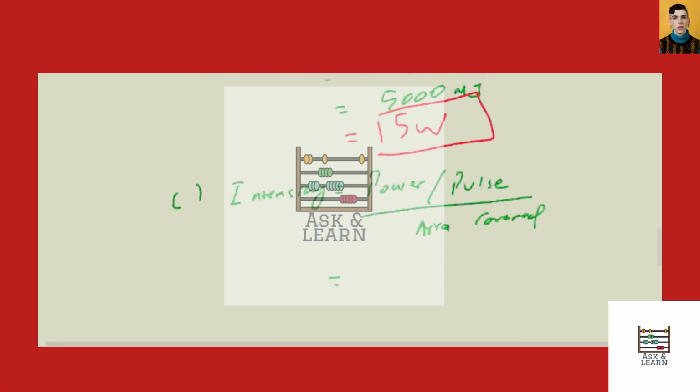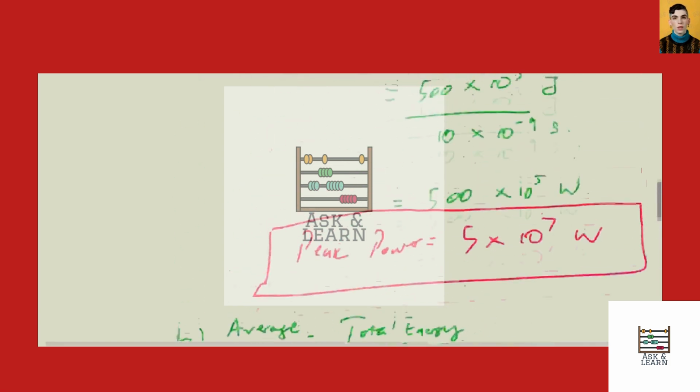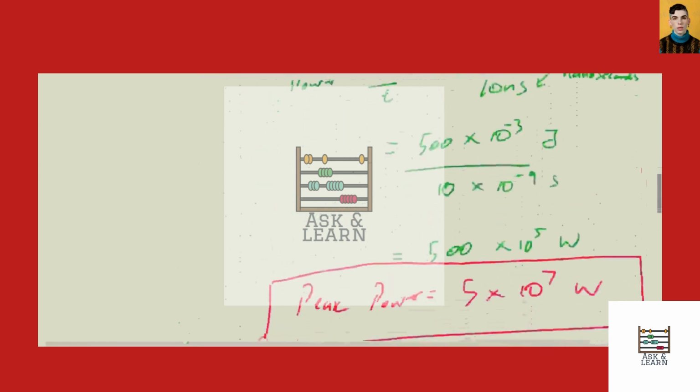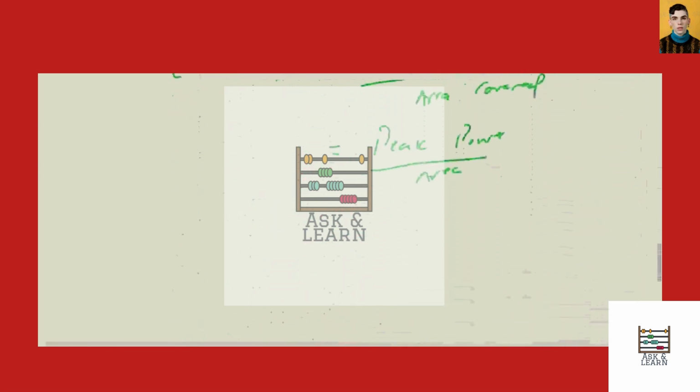And the power per unit pulse, that's the peak power. And over the area, we already resolved the peak power. If you go back, you see it's 5 times 10 to the 7 or 50 times 10 to the 6. So we end up having 50 times 10 to the 6 watts per meter squared.